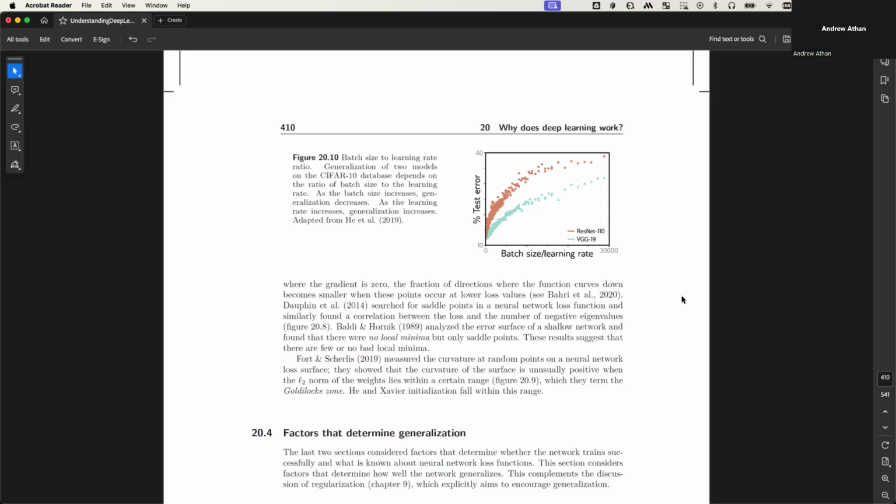So a small learning rate and large batch size would tend to help you, when you're taking steps, not step past the bottom, to walk little by little to get to the actual bottom.